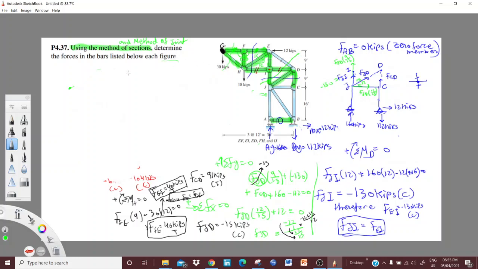Which one is easier, you think, guys? I think the downward, it's easy. So you have here a joint. Let's draw the joint.